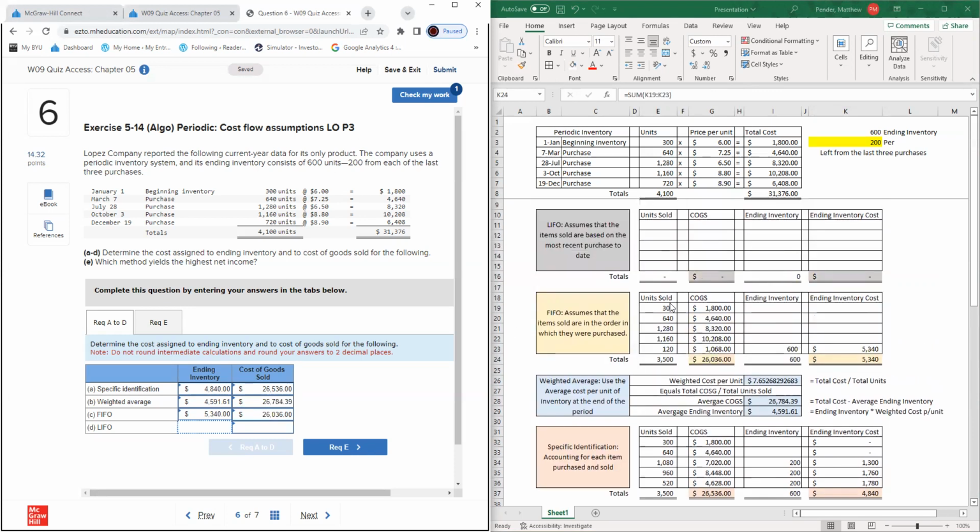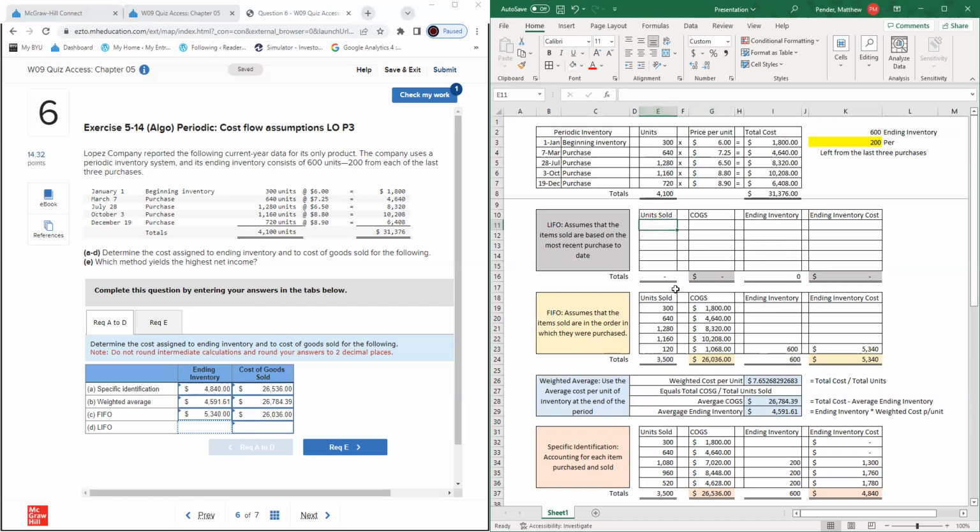And then as we move up to this last in, first out, this assumes that the items sold are based on the most recent purchase to date. So it's the last unit we added to our inventory, but it's the first item to be sold.